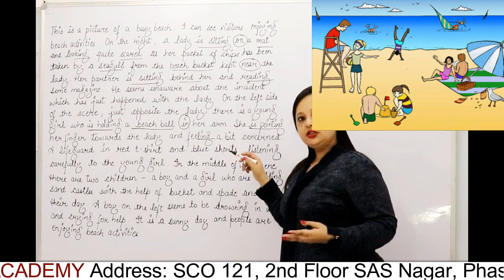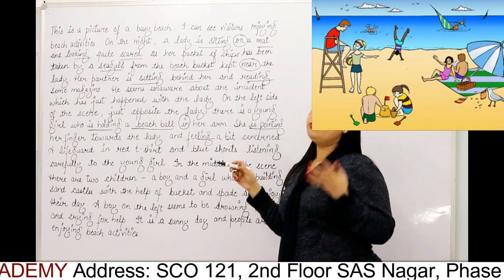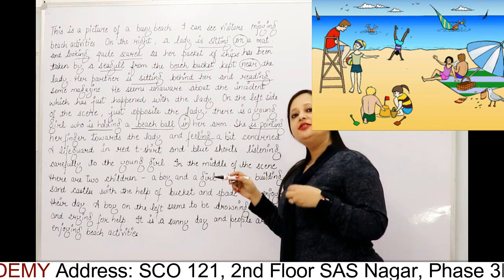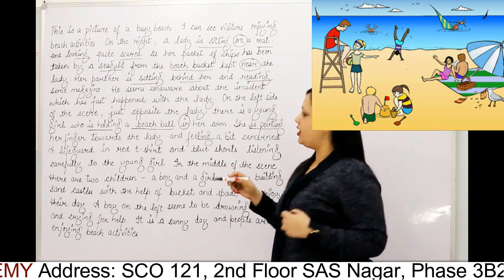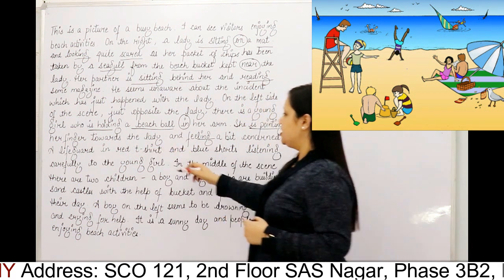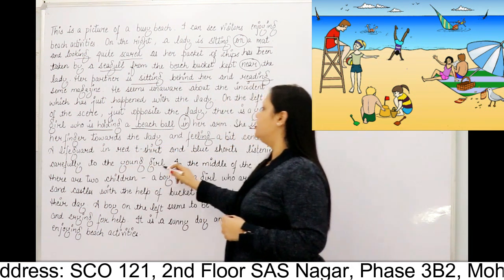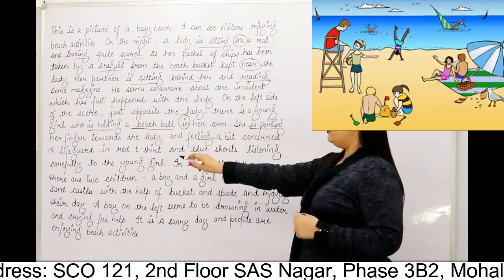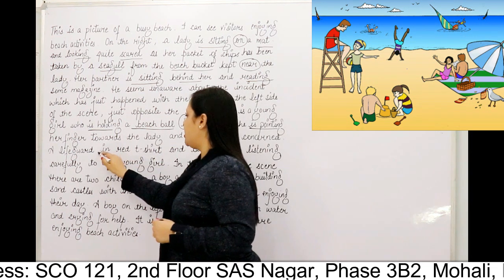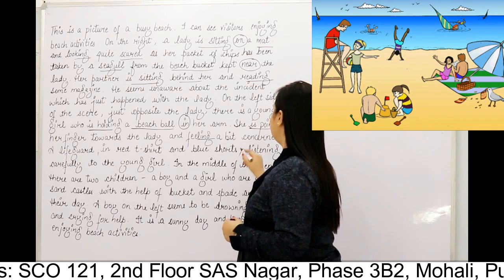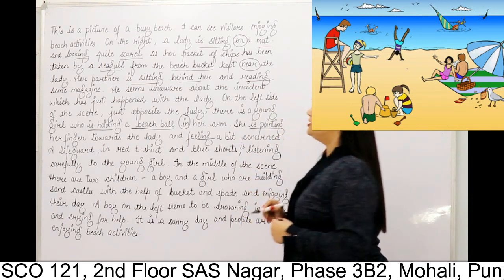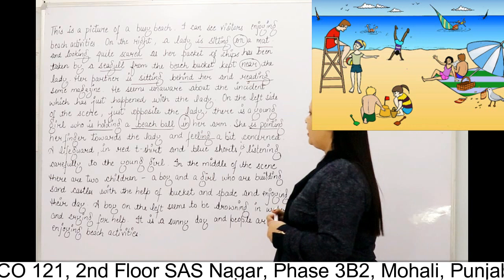It's always a good idea to describe; you can describe the dresses they are wearing, and you can describe their facial expressions, right? So the lifeguard in a red t-shirt and blue shorts is listening carefully to the young girl.